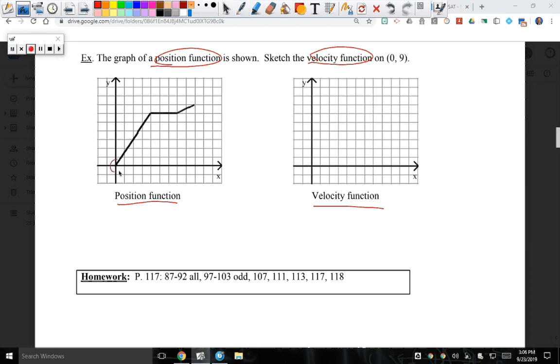So at x equal to 0, it's actually undefined, because we know that the slope, i.e. the derivative, is undefined at cusps. You with me? But it's also undefined at an endpoint, because endpoints are non-differentiable.